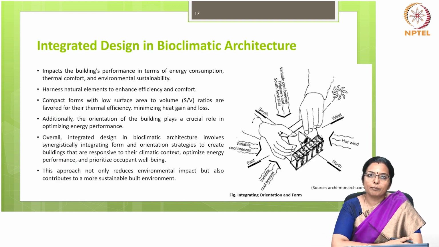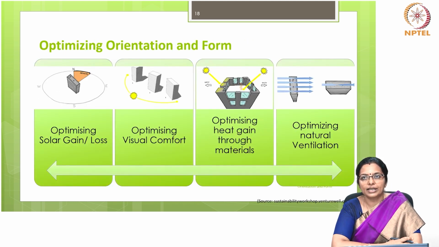So it becomes important to have an integrated design in bioclimatic architecture. The integration of form and orientation is fundamental in bioclimatic architecture as it directly impacts the building's performance in terms of energy consumption, thermal comfort, environmental sustainability, daylighting and ventilation.